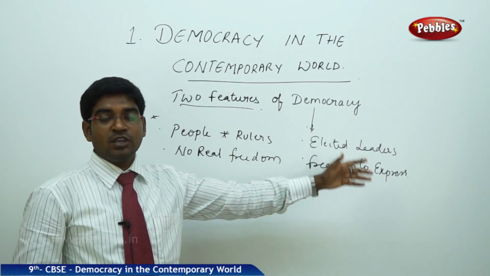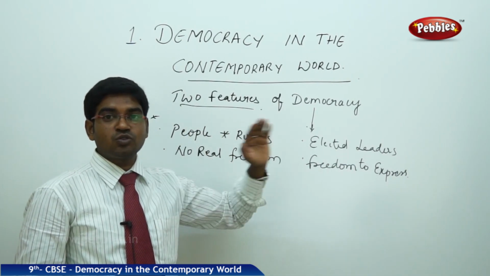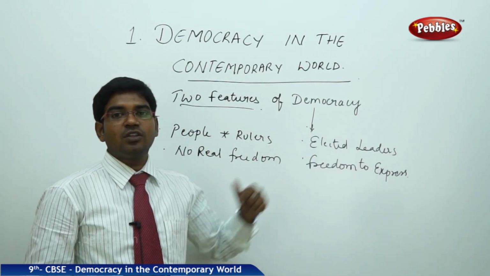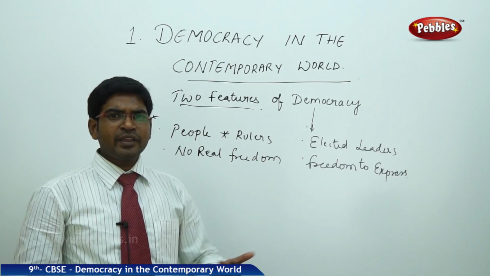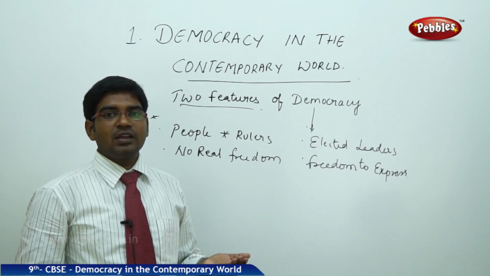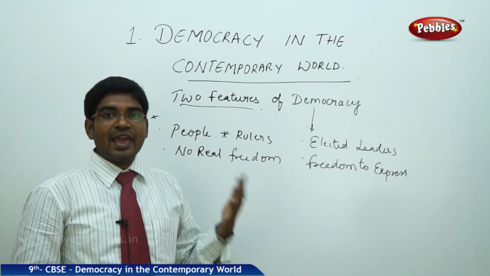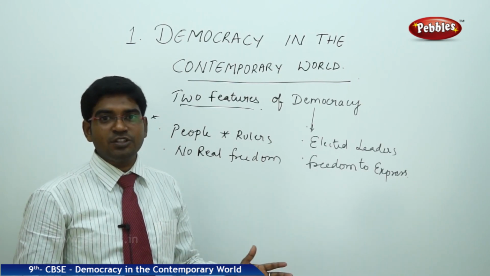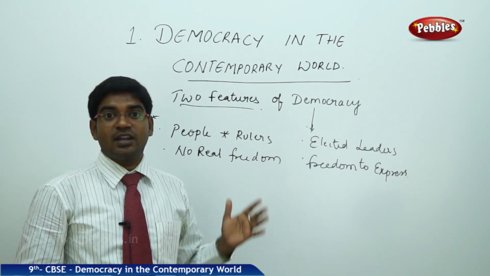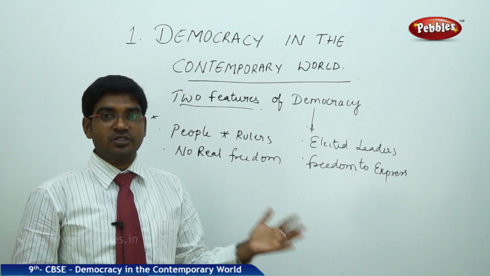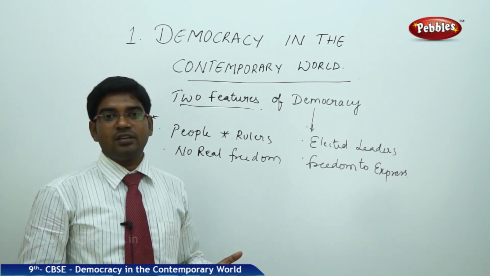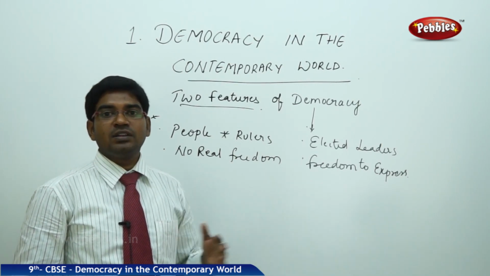You can express, you can protest, you can go on strikes, you have trade union authorities to express your opinions, and this way people's anger can be brought out on any issue, so that the issue can be corrected by the government even if it makes mistakes. These are the two main understandings of the two tales of democracy.